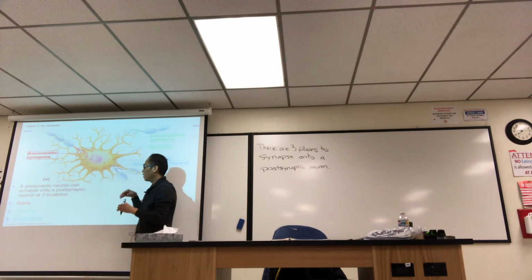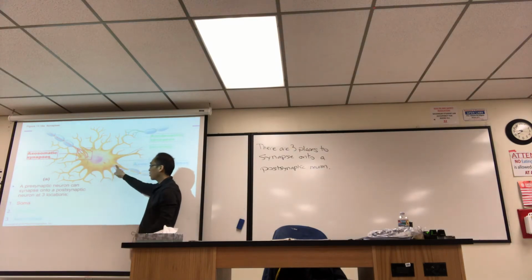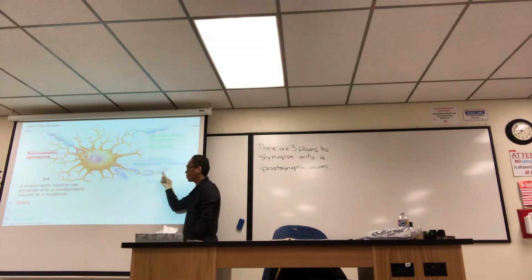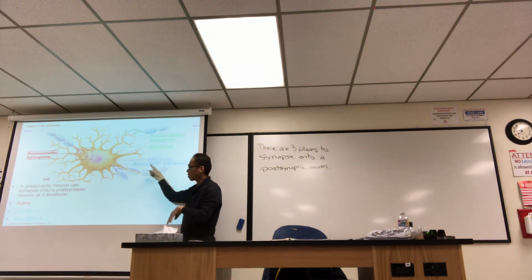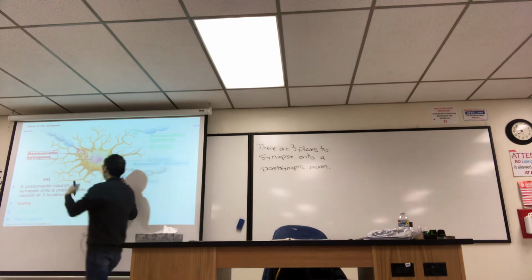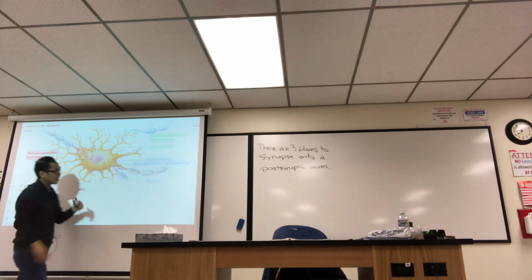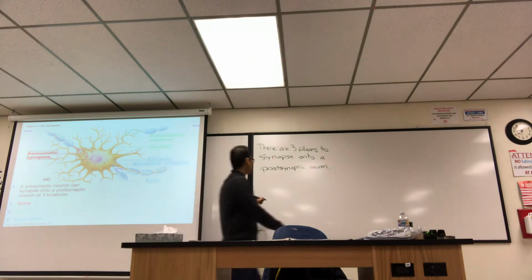It's like trying to get enough of a jolt to push all that positivity to here. Why here? Because what's the axon, the area of input or output? Output. So this is where the voltage-gated channels are, right here. So if you can push enough positivity, it's like you have a cell.